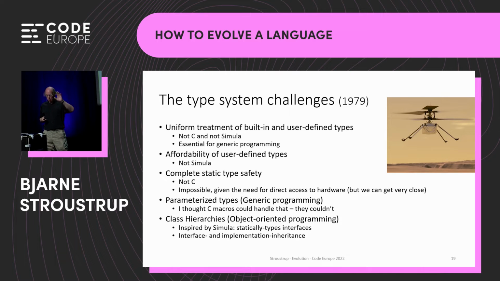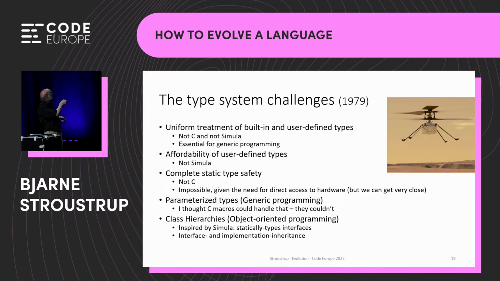I said I wanted efficiency, generality, expressibility, I wanted guaranteed type safety. It's really hard to get all of those. I mean, you can't do type-safe fiddling with bits and operating system resources. So there's sort of a tension here.